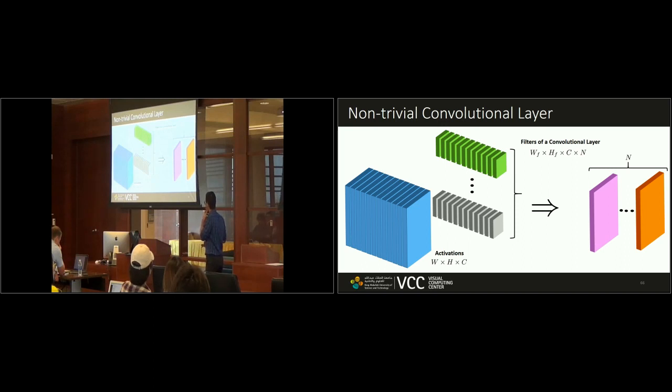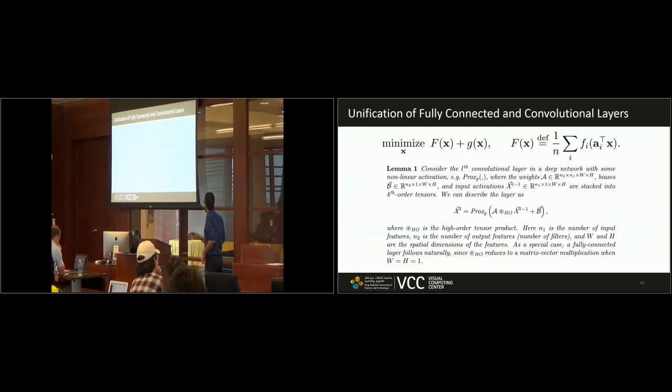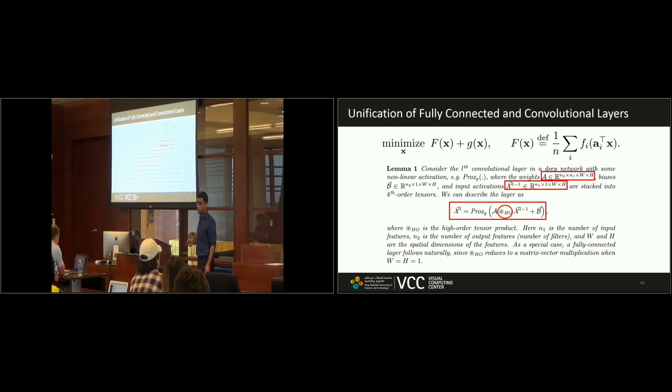All right, so given that, it turns out that there is this nice result, which I will decompose for you. Let's say that I have a previous activation layer at layer L-1 of dimensions N1, W, H. W and H are the spatial dimensions of my activation map, and N1 is the number of channels. And I have a convolutional layer, W by H, N2 by N1.